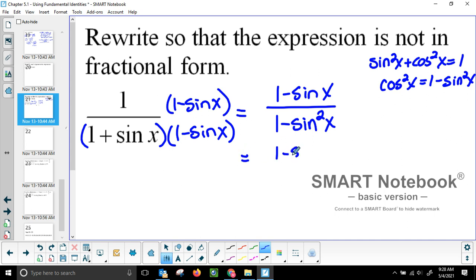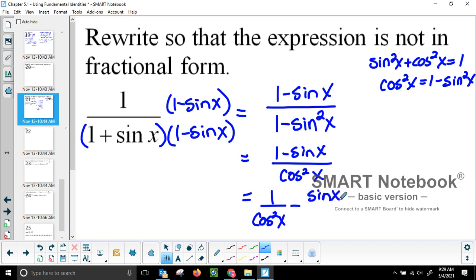So now I have 1 minus sine x over cosine squared x. Just like when things have a common denominator, you can combine them together, you can also go the opposite direction and pull them apart. So this is really 1 over cosine squared x minus sine x over cosine squared x.